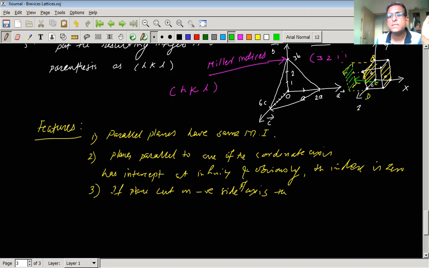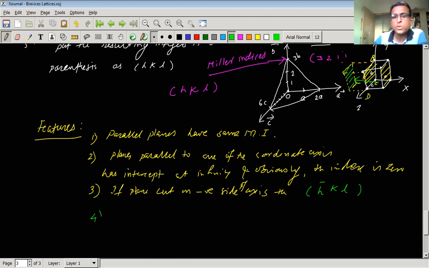Here, as it is the x-axis, in h k l we put the bar on h, and all others will simply be k and l. So the bar indicates that the intercept is on the negative side of the axis.